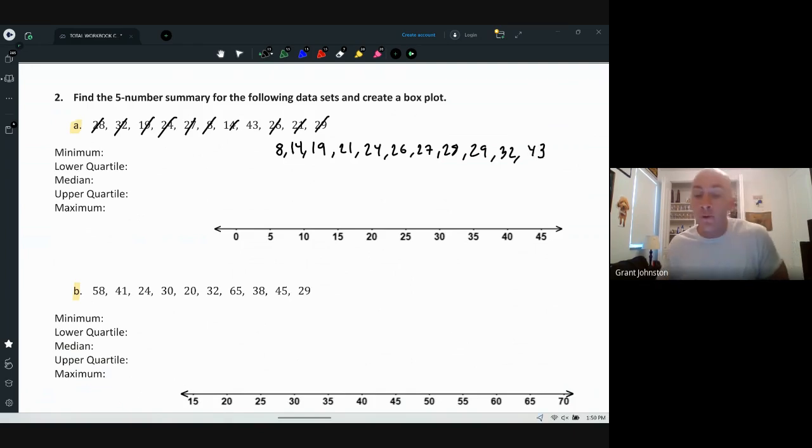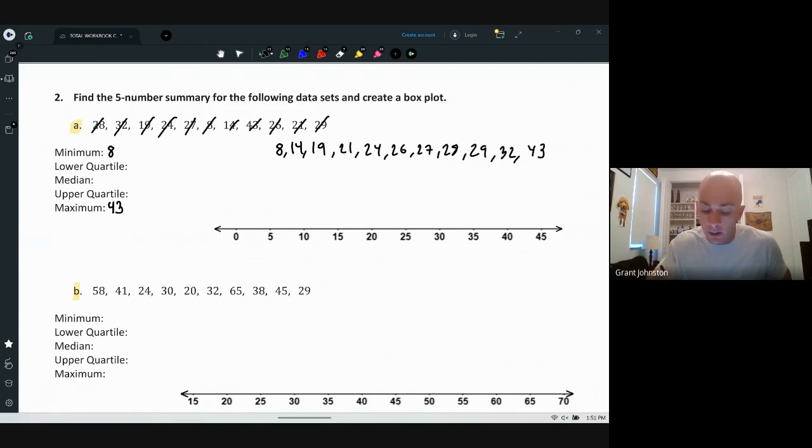Okay, so let's fill out some of the obvious. The minimum is obviously 8. The maximum is 43. The median is the middle number. So I'm just going to eyeball it because I don't want to have to erase and stuff.